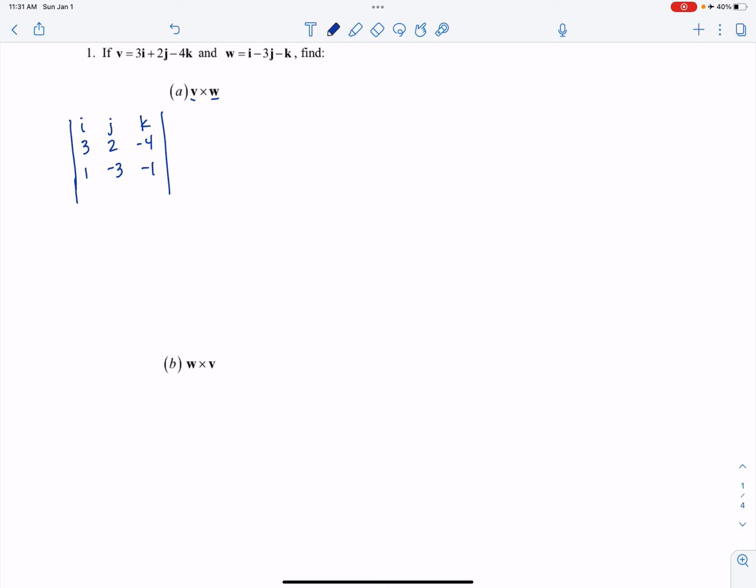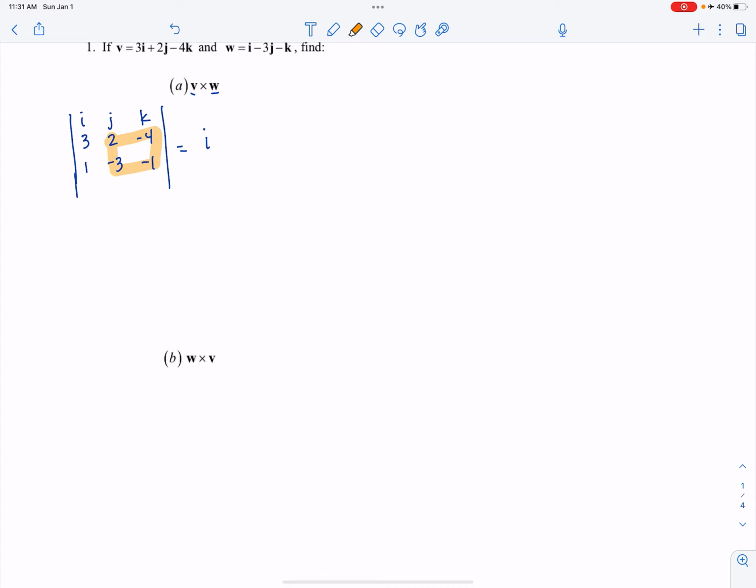So, if I want to take my cross product, first I will do i, and then when I look at i, I'm looking at what's left if I don't use anything in the row or column of i. So that will be the determinant of 2, negative 4, negative 3, and negative 1. And then I'm going to subtract j.